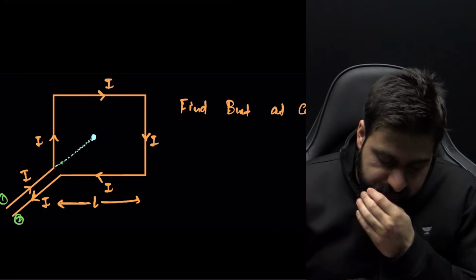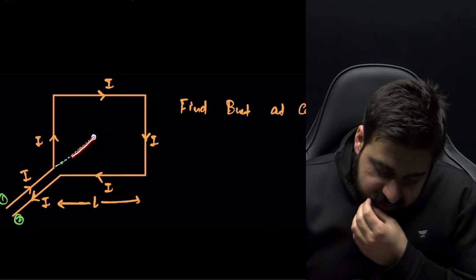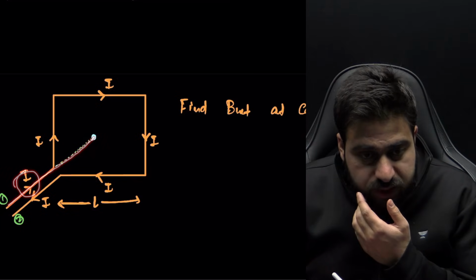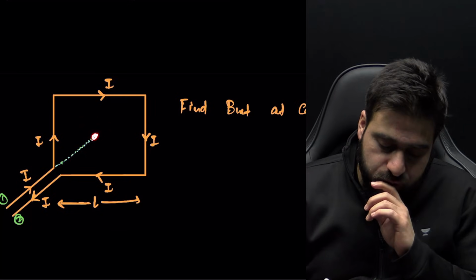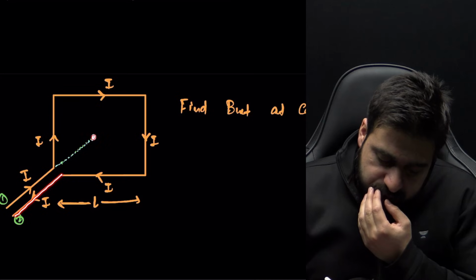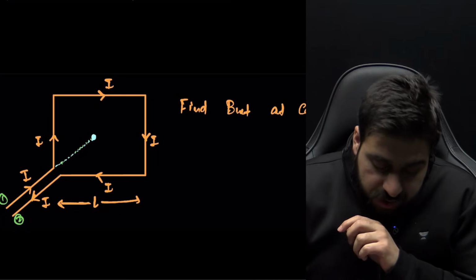See, first of all, this center point is along this wire. So the magnetic field due to this wire will be 0, because if the point lies on the axis of the wire, the magnetic field at that point will be 0. The magnetic field due to this wire at this point is also 0, because this point lies on the axis of this wire also. Now what remains? A square.